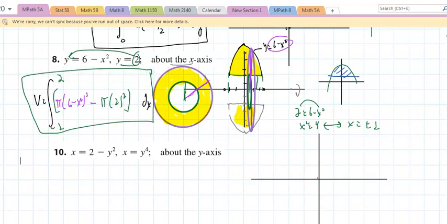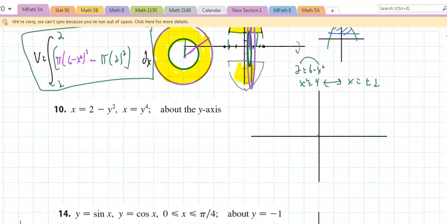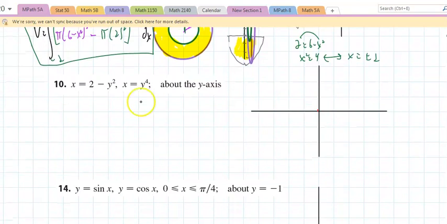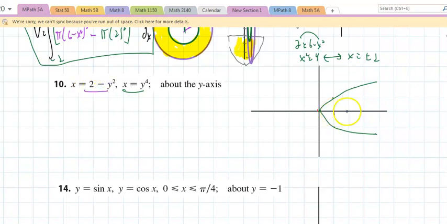Alright? And if I look at the next problem, x equals y to the fourth. If I color that green, x equals y to the fourth looks like this. And x equals 2 minus y squared.